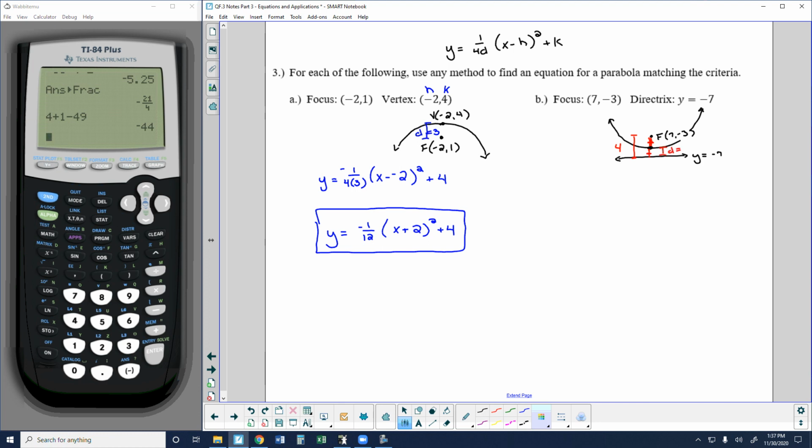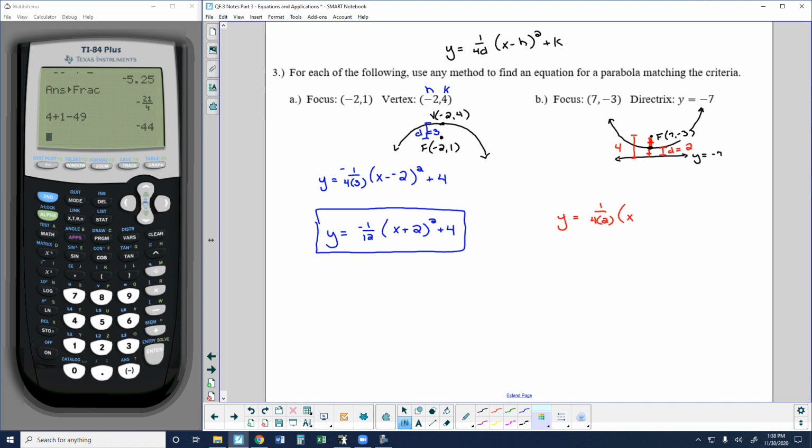So D has to be 1/2 the distance from the focus to the directrix. So D is 2. So if I want to substitute into my equation, I can start that substitution. I know this is 1/4 times 2. This is going to be a positive leading coefficient because it opens up.